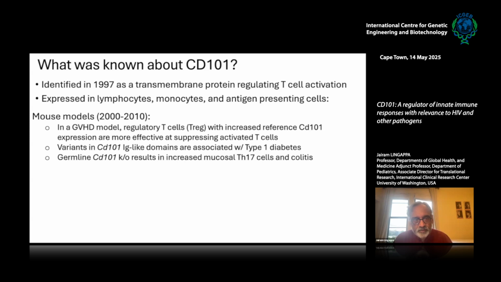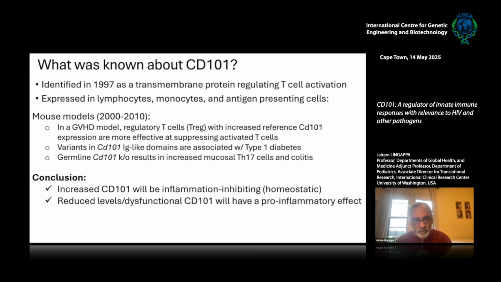Variants in CD101 Ig-like domains, immunoglobulin-like domains, were associated with type 1 diabetes in mice, and knockouts of CD101 in the germline of mice resulted in increased levels of mucosal Th17 cells and increased colonic inflammation, colitis.